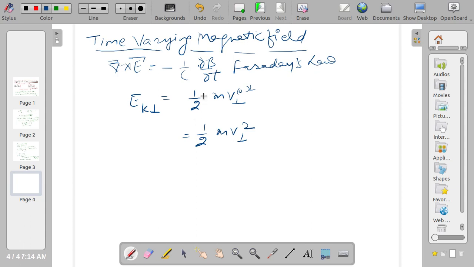This term contains ∂B/∂t, meaning the field which is changing with time. So it denotes the time varying magnetic field. That's why I am considering this equation. So now let us look at this kinetic energy.